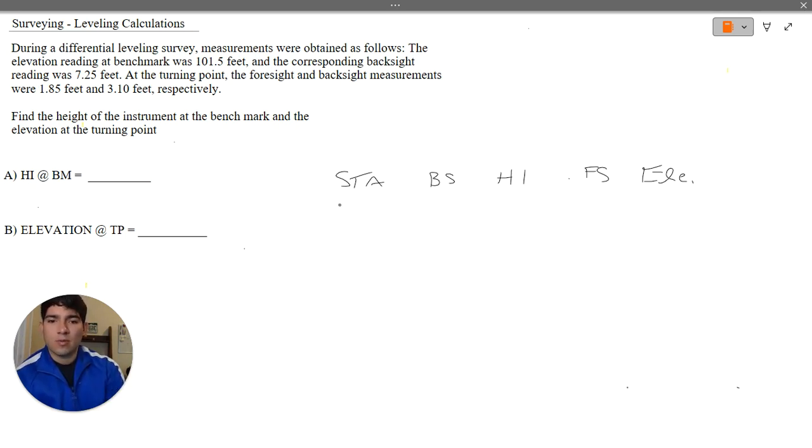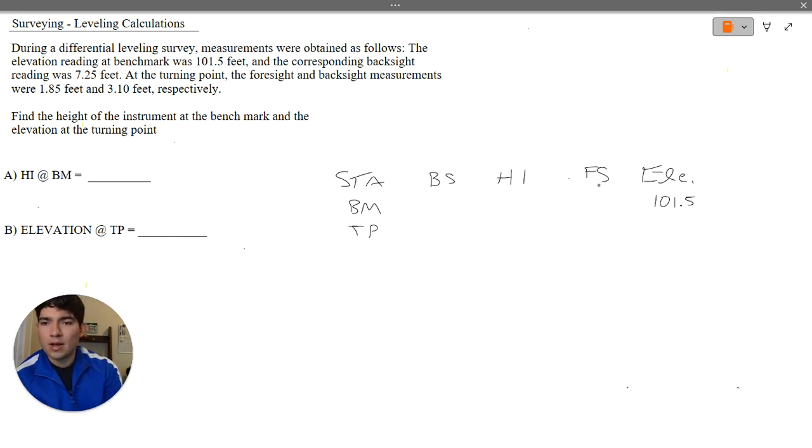We have the benchmark and we have the turning point. The first thing that we'll do is fill in our benchmark data. We have an elevation reading at the benchmark, which is 101.5.